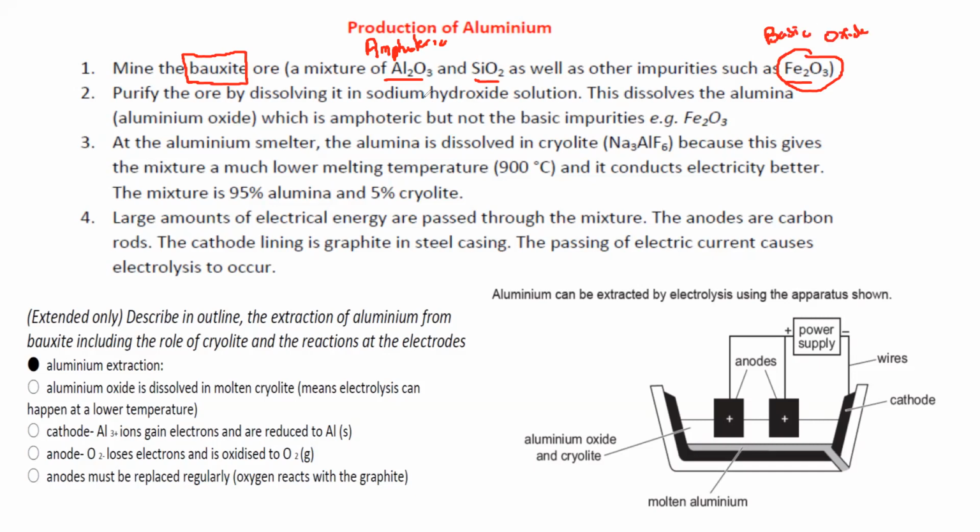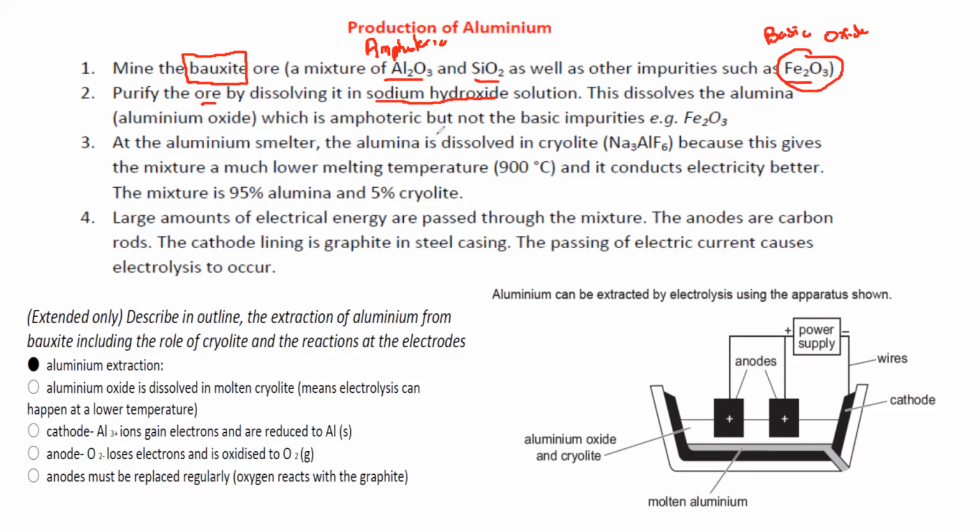So aluminium oxide is amphoteric. Amphoteric means it can react with both acid and alkali, but iron 3 oxide is a basic oxide, so it can react with acid, it cannot react with alkali. So what we do is purify the ore by dissolving in sodium hydroxide, which is an alkali.